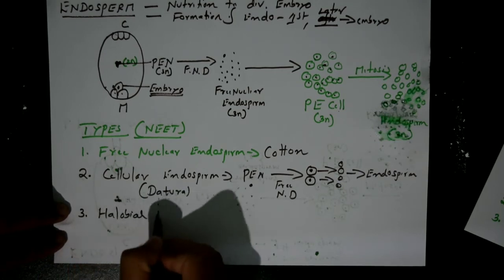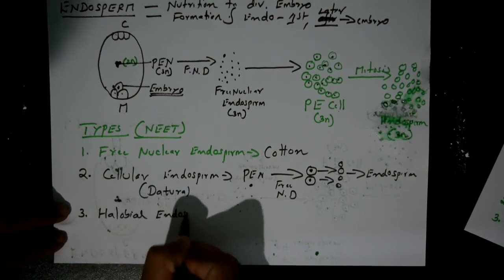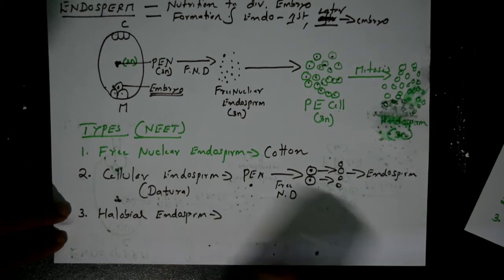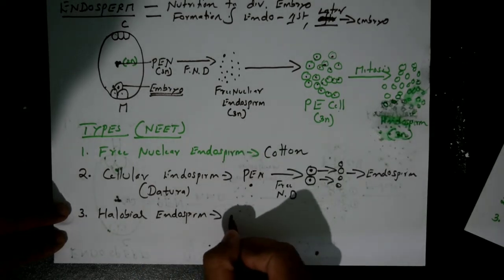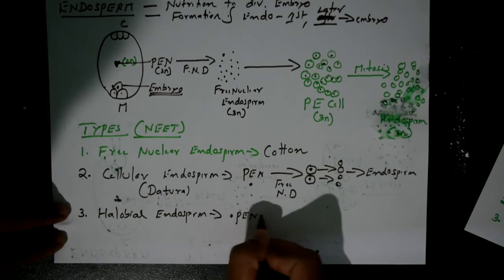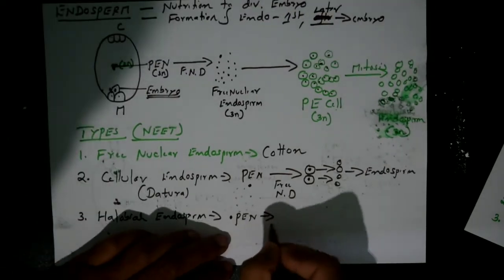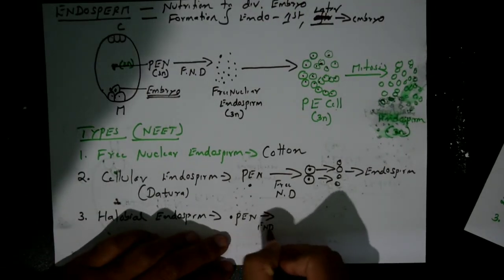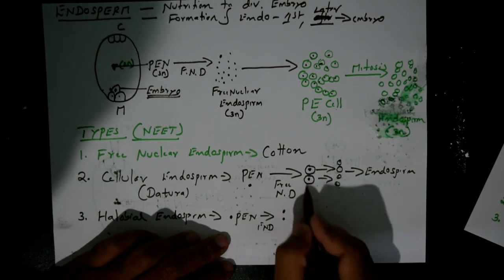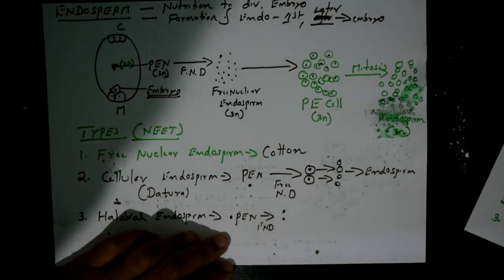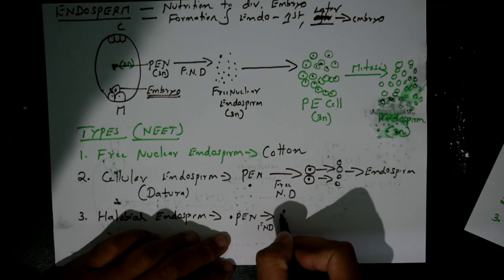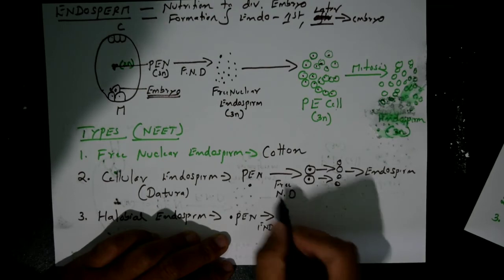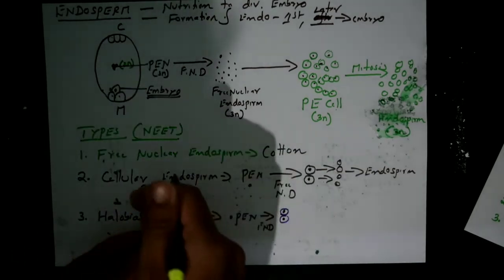halobial endosperm. So what is this halobial endosperm? Simple. The primary endosperm nucleus undergoes free nuclear division and produces two nuclei, the same as before. These two nuclei start producing the cell wall around them. Almost the same compared to the cellular endosperm.